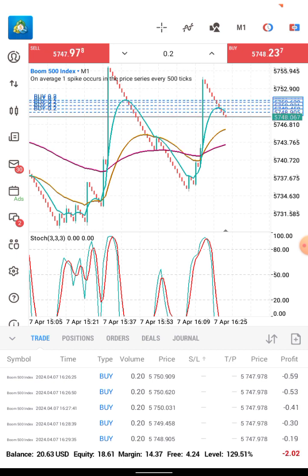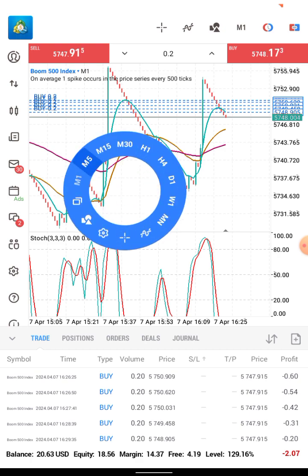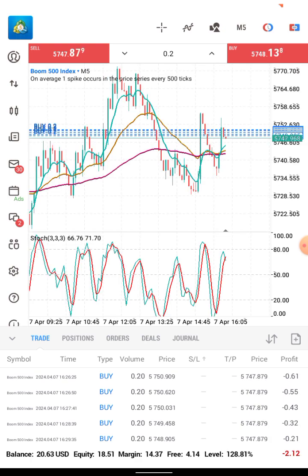So wait for this candle. This one is the 10th one. Let's wait for it. Gotta be patient. Patience is the key.